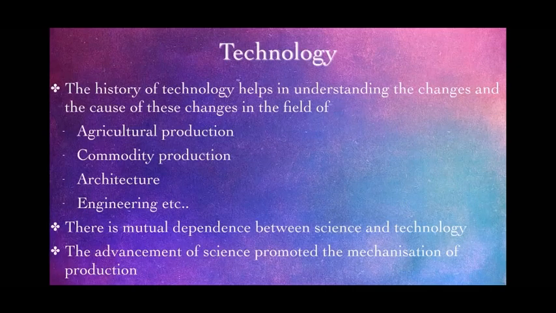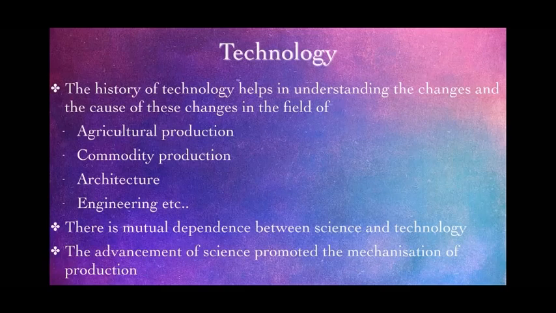Technology. The history of technology helps in understanding the changes and the cause of these changes in the field of agricultural production, commodity production, architecture, engineering, etc. There is mutual dependence between science and technology. The advancement of science promoted the mechanization of production.